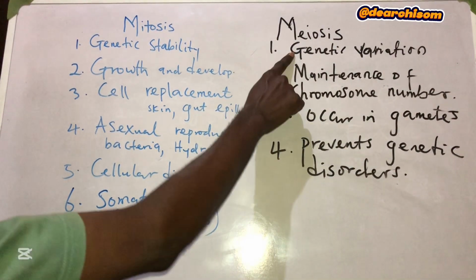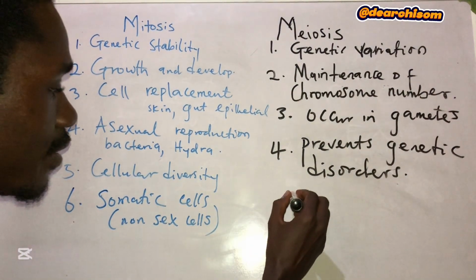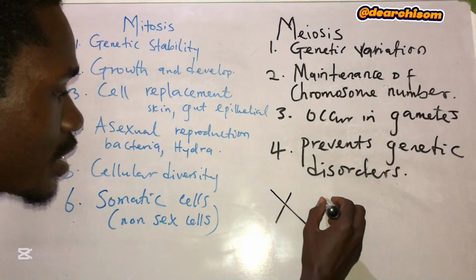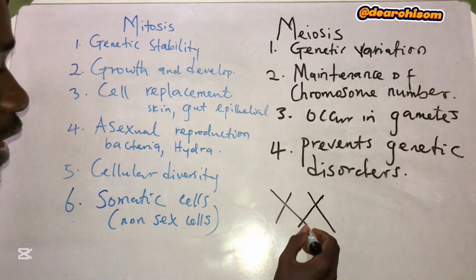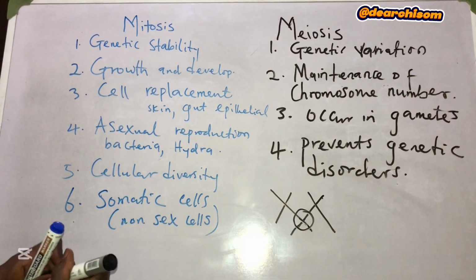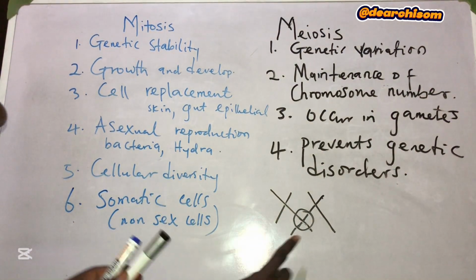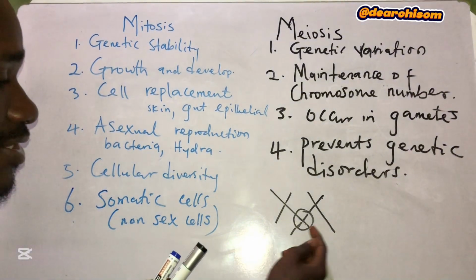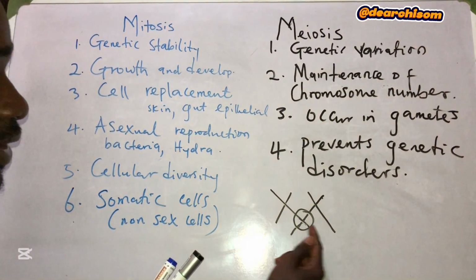Recall that in meiosis, there's what we call crossing over. Okay, so here these two sister chromatids cross over during prophase, and during this crossing over, they exchange genetic material.